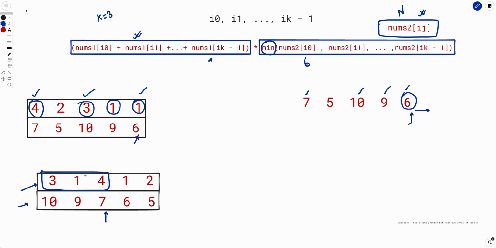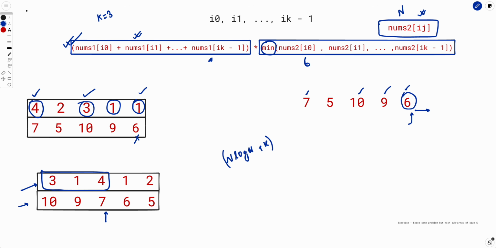If we try in a brute force manner, we will just sort this particular part and take the top k. Sorting this particular part would require order n log n, right? And taking the top k would require order k time. So order n log n plus k is the time we require to find out the best possible value of the left side of the expression, and the right side of the expression we already fixed as 7, right?